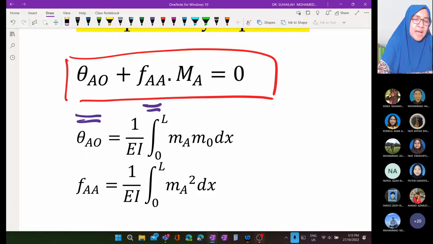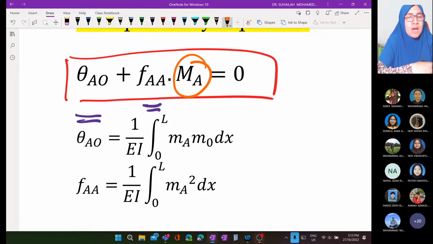And inside this, we have the redundant, and we need to determine this redundant in order to calculate the remaining 3 unknown reactions. So if we want to calculate MA, we have to calculate the displacements first.